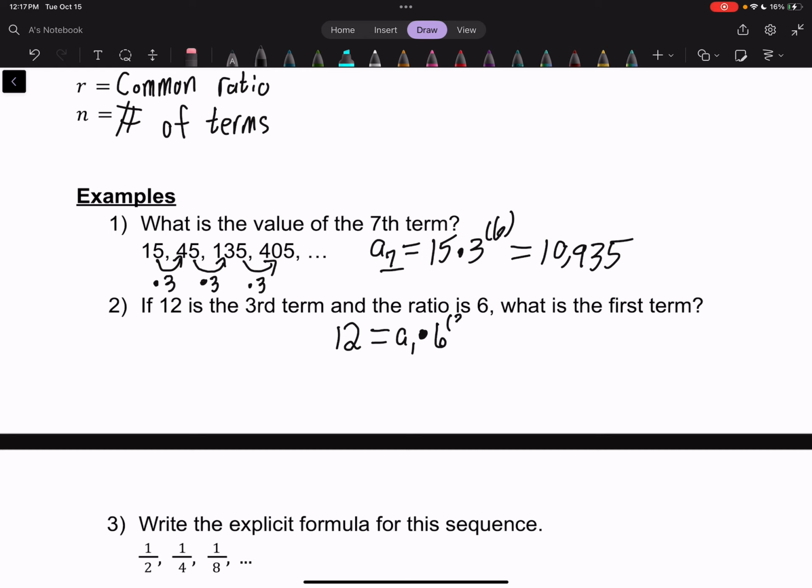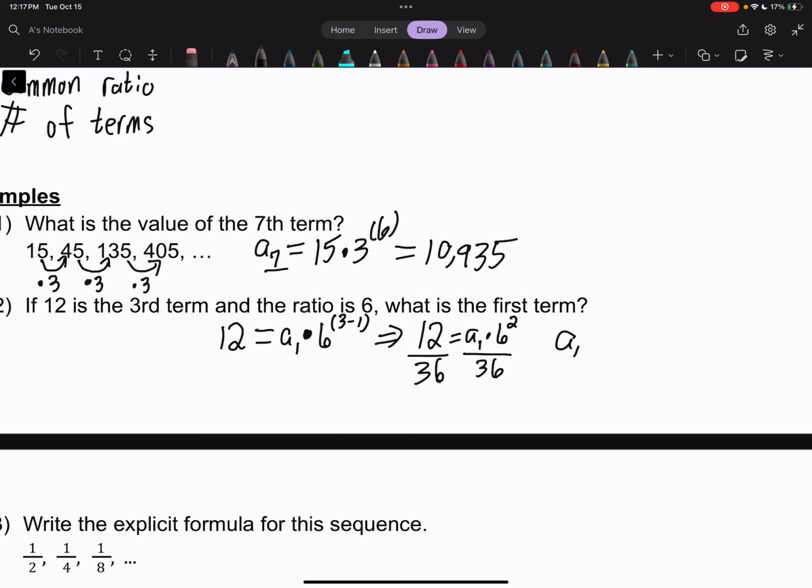This is my third, so it's 3 minus 1. So 12 is equal to my first term times 6 squared, which is 36. I'm going to divide each side by 36. My first term is equal to 12 over 36, or 1/3.